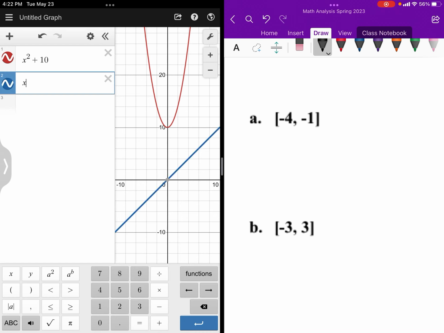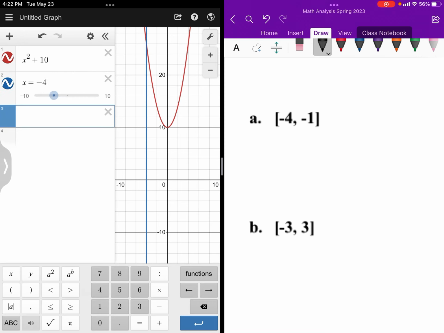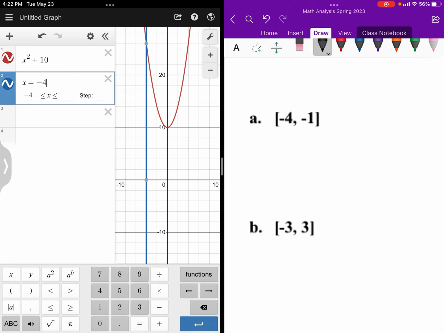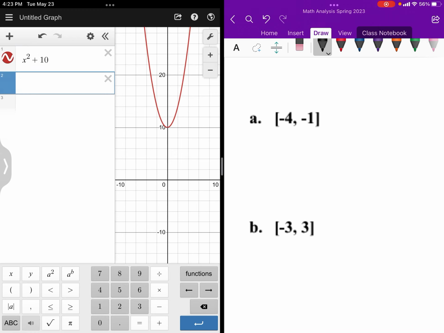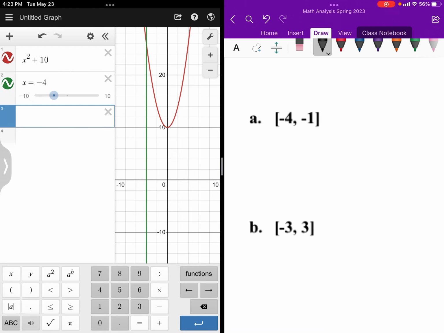No. Let's just make x equals -4, and on the bottom, x equals -1.